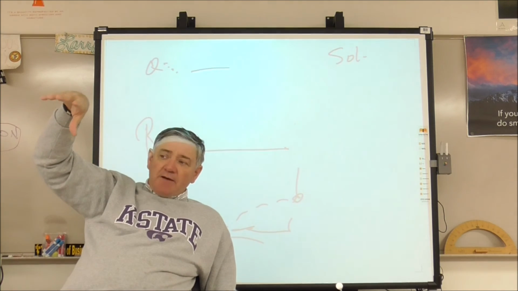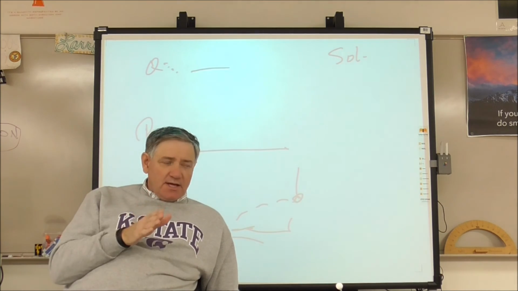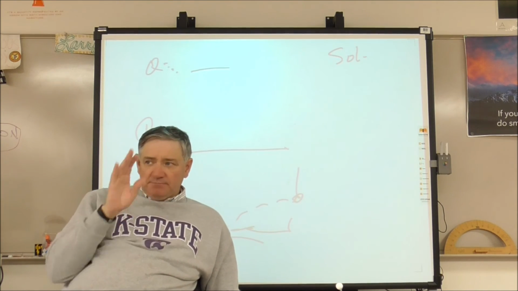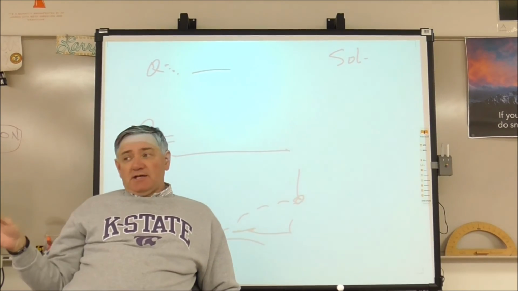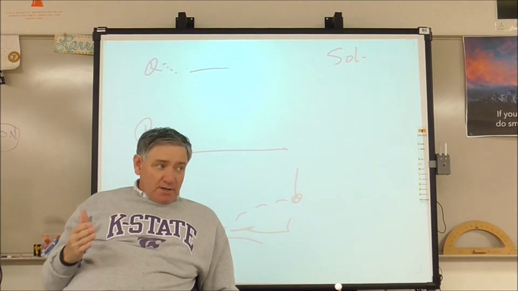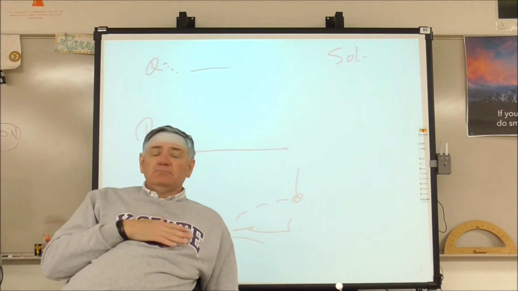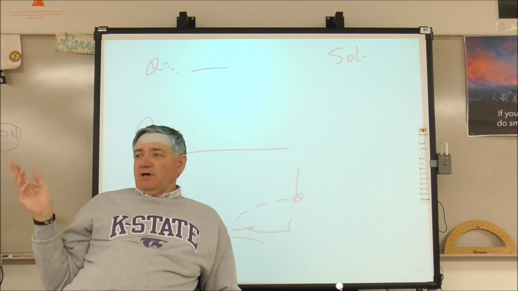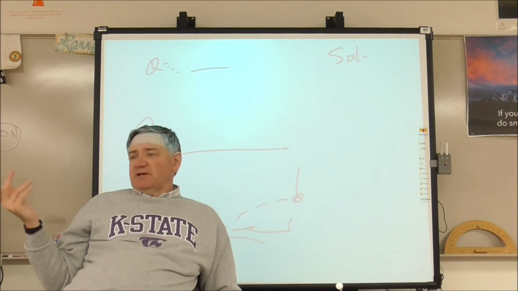So typically what happens today, if you can get your equation derived today, that's a cool thing. Typically Monday, that's when you do your trials. Now, if you want to come in before school, hey, I'm here at 6:40. If you want to come in during encore, that's cool. If you want to stay after school, that's cool.